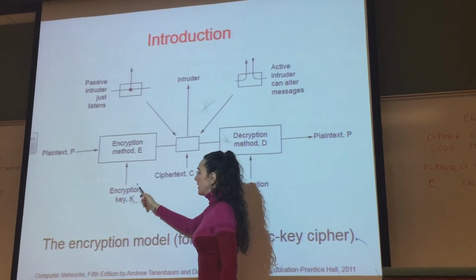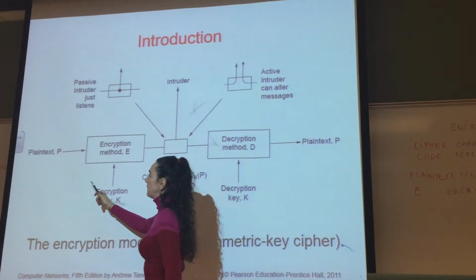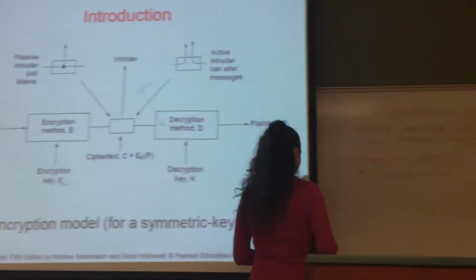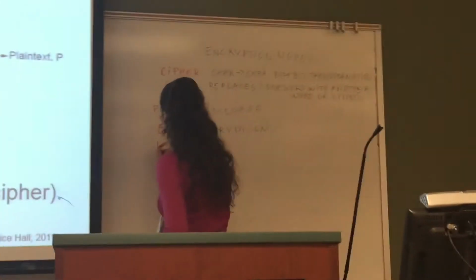After that, we will take this message. The encryption method will take a key and apply the key to the plain text and convert it to a ciphertext. So we have the encryption key.